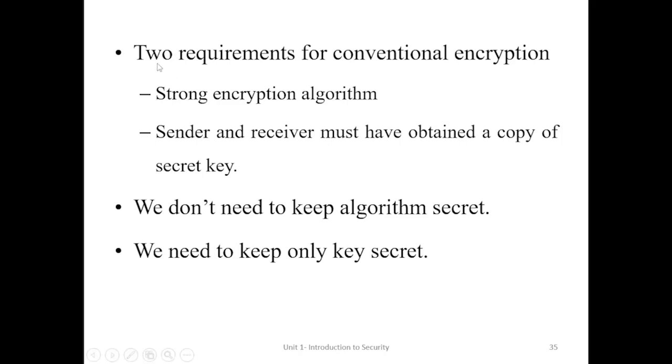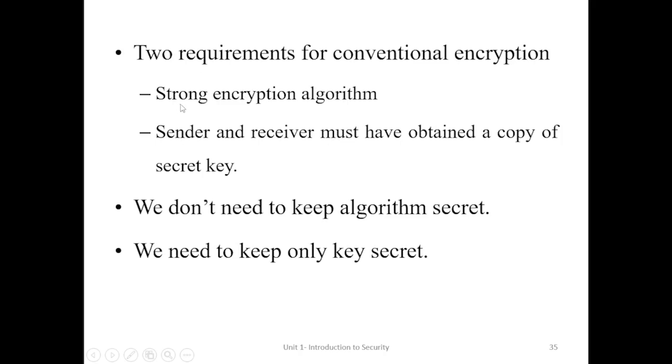There are two requirements for a conventional encryption. Conventional means symmetric encryption or single key encryption, which means the same key is used at both the sender side and the receiver side. If you want to use a symmetric encryption method, there are two requirements.